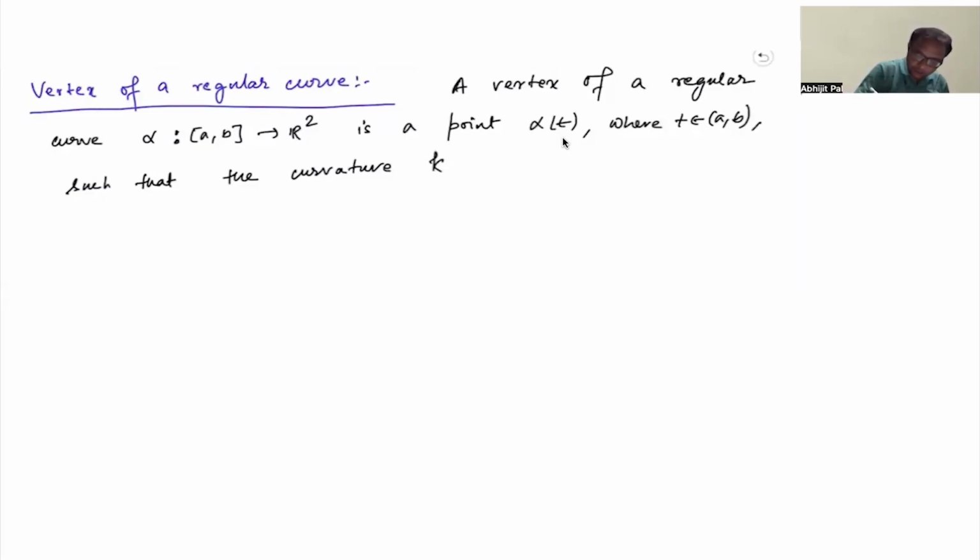This k prime is a function of t, so let me write k prime of t is equal to 0.